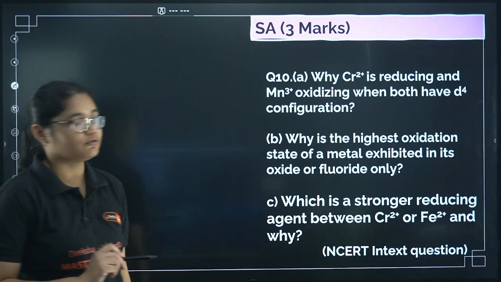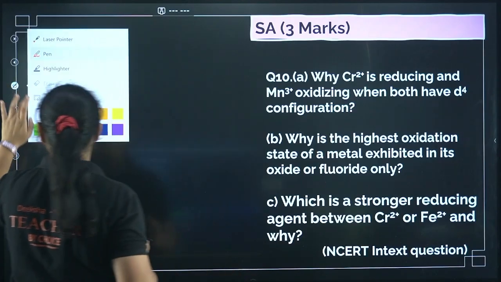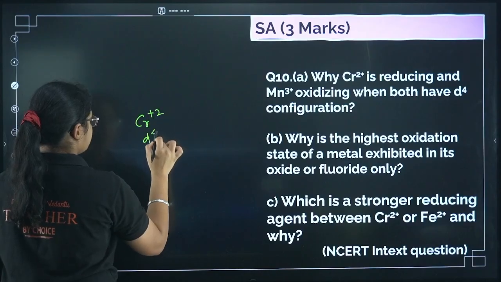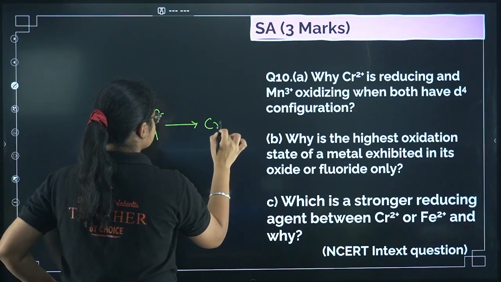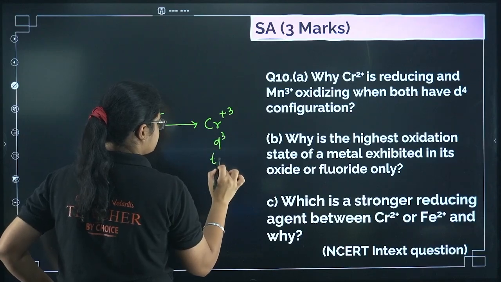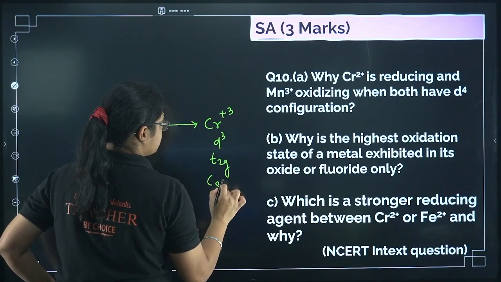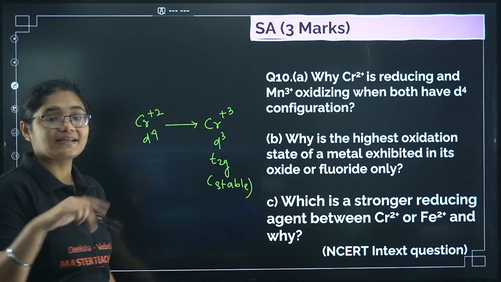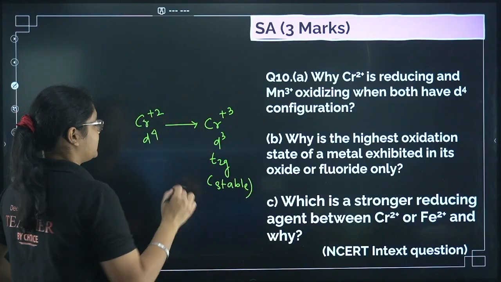So if you see, let me just first explain this one. Cr2+ has d4 configuration, Cr2+ moves to Cr3+. Why Cr3+? Because here it is d3 configuration, t2g3 configuration, which is very stable. Now when it is going from +2 to +3, it is actually undergoing oxidation. So it will behave as what?